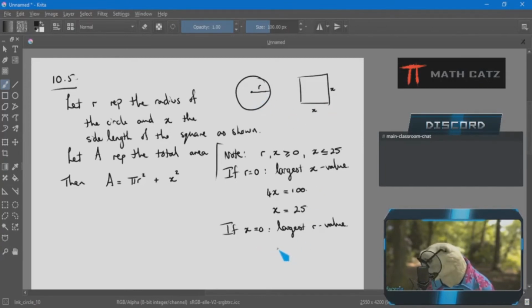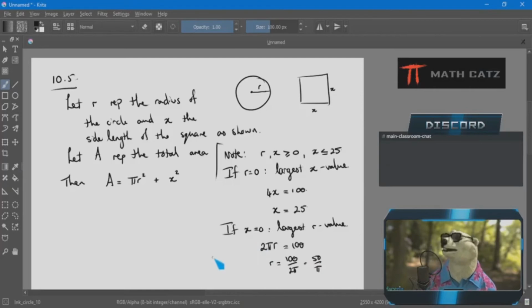The largest radius is going to be when there is no square, just a circle. So then I'm using all the fencing for the circumference of the circle. Circumference is 2 pi r, and that's going to be 100. So r is going to be 100 divided by 2 pi, or I can simplify that to 50 over pi.